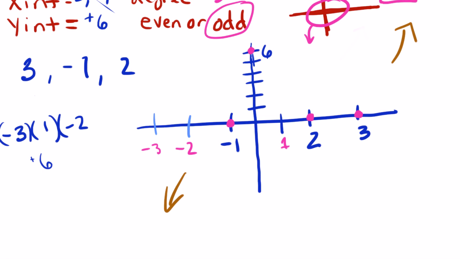I wish this program was more color friendly, but it's not. Alright, so we have to go through the point 1. Actually, this might be better. Through 6, down through 2, up through 3, off to infinity.